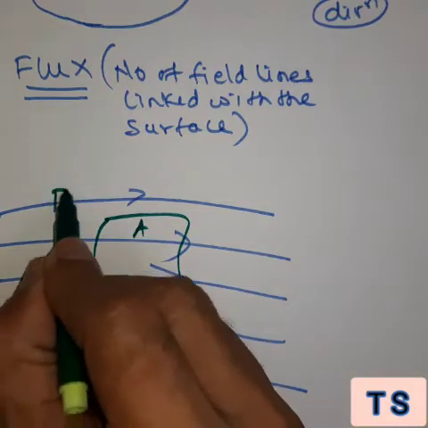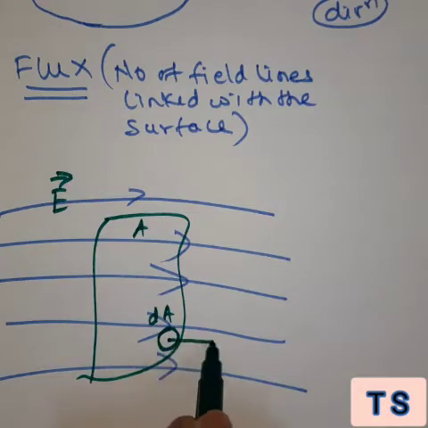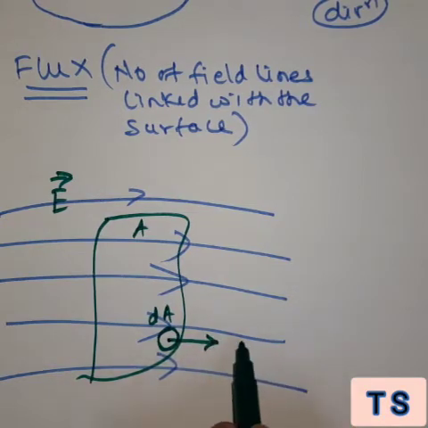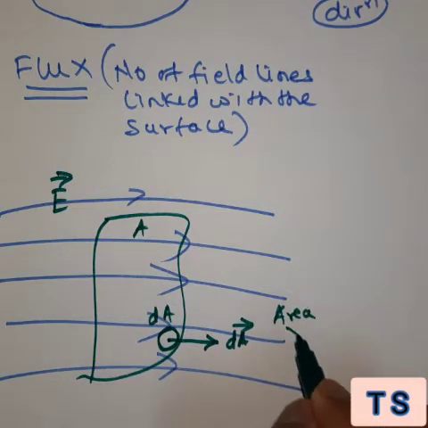This is my electric field. This is my scalar quantity. If I want to make it a vector quantity, then I draw a normal in the outward direction and I write this as dA bar. So dA bar indicates that it's a vector area, or we call it the area vector.